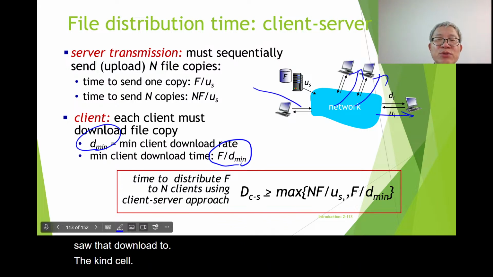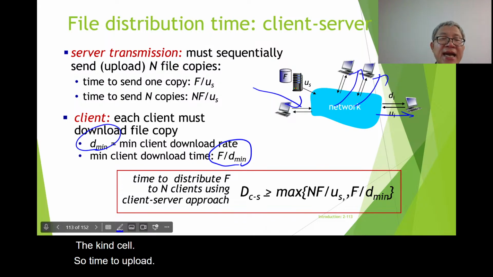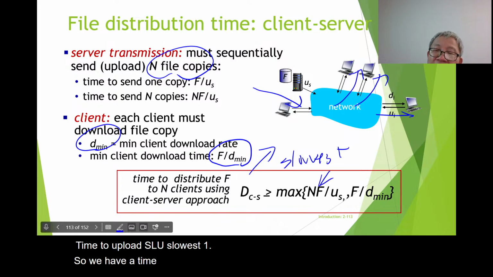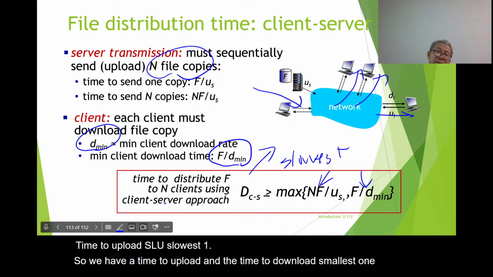So we have the time to upload N copies, and the time to download at the slowest one. We just find the bottleneck.